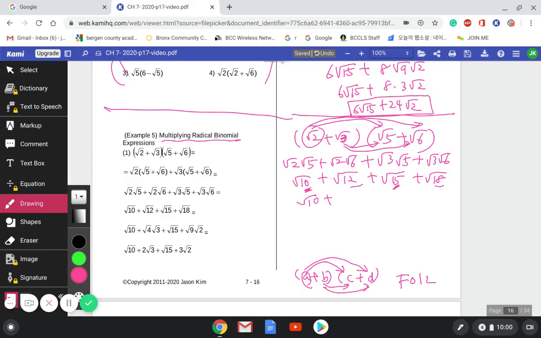So if you break square root of 12 into 4 and 3, and square root of 18 as 9 and 2, your final answer becomes square root of 10 plus 2 radical 3 plus square root of 15 plus 3 radical 2. And you cannot combine any of those, so that becomes your final answer.